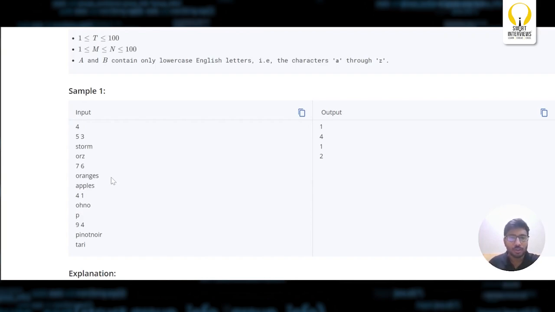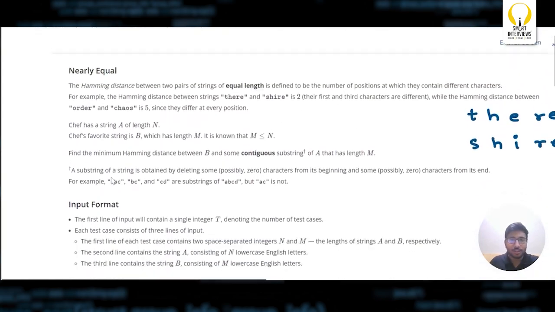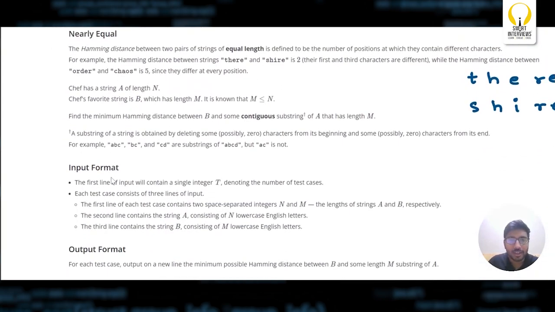So let's say this is the example, this is STORM. So this is string A and this is string B. How do we find the minimum Hamming distance? In the problem, he said that we can take a contiguous substring of A.